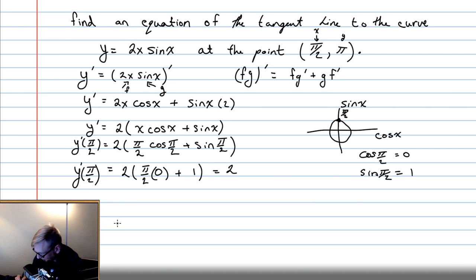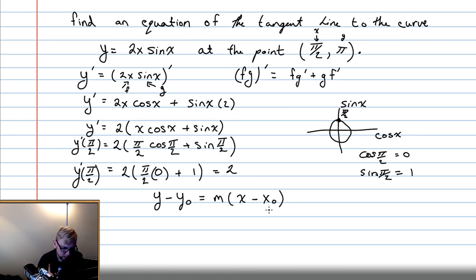Okay. Well, equation of the tangent line. So remember that a line equation is what? y minus y0 equals our slope m times x minus x0. I think that's how you write it. Yeah, that's how you write it.